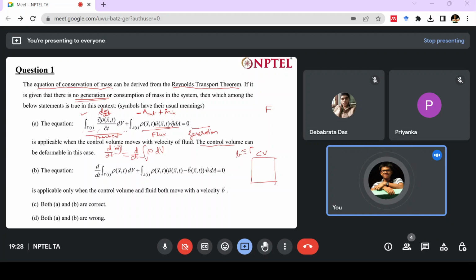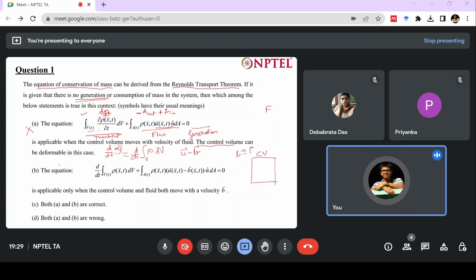So instead of u, we should modify this and take the relative velocity, so u minus some relative velocity v can be used. Okay. So this statement is false. Let's see the next statement.